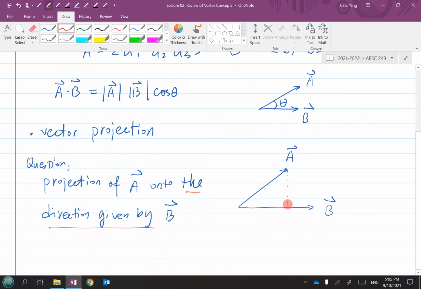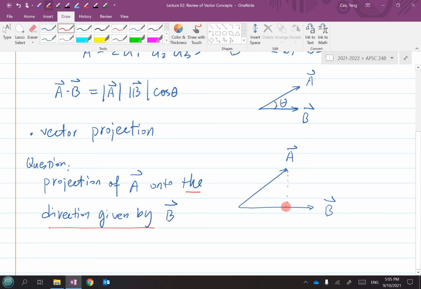And also, by the way, because I'm drawing on a computer screen, it looks like 2D, but in reality, A and B in 3D can be in any configuration. But you always do a 90 degree projection here.